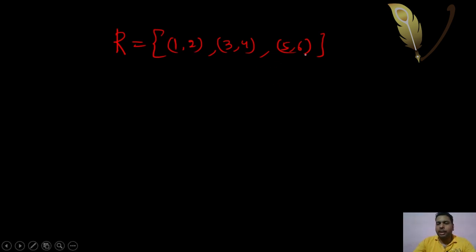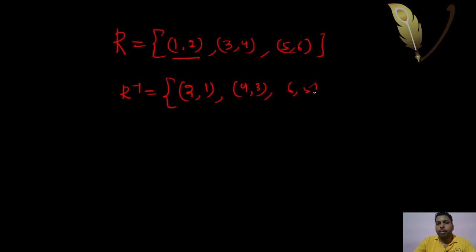Suppose A is {1, 3, 5}, B is {2, 4, 6, 8}, and R is {(1,2), (3,4), (5,6)}. Now R inverse is the reverse of the ordered pairs. If (a, b) is in R, then (b, a) is in R inverse. So R inverse is {(2,1), (4,3), (6,5)}. Clear?